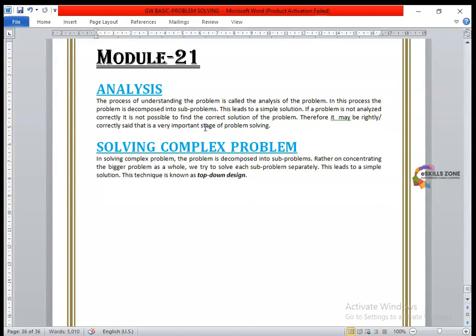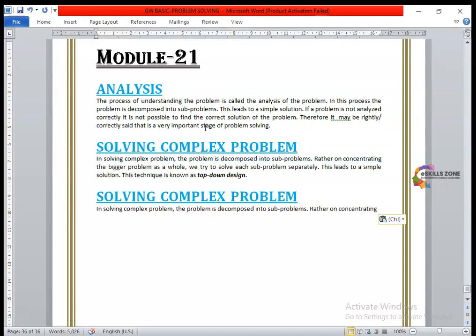So the next definition which we will learn today, again very important, is the syntax of a programming language.